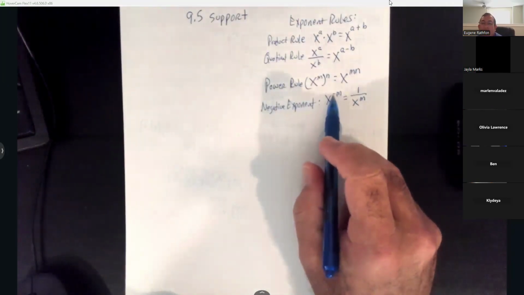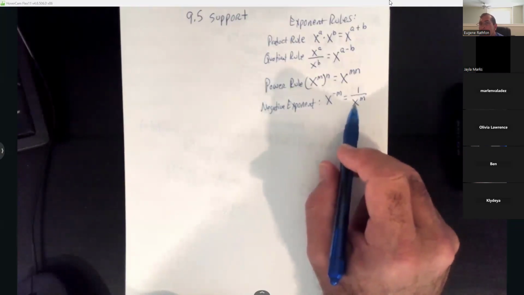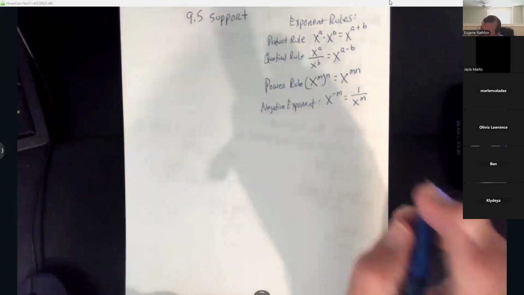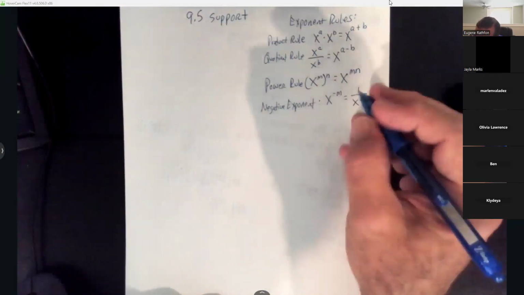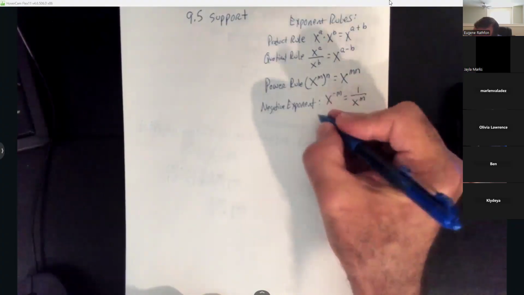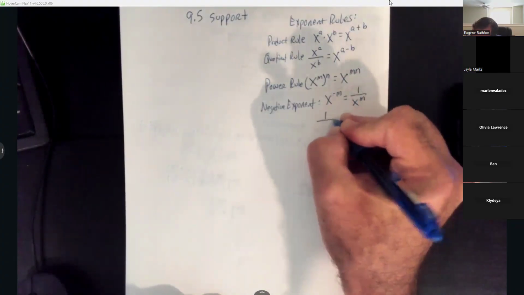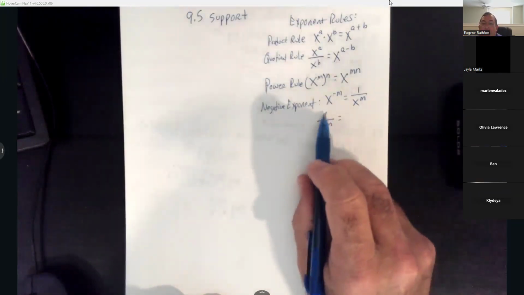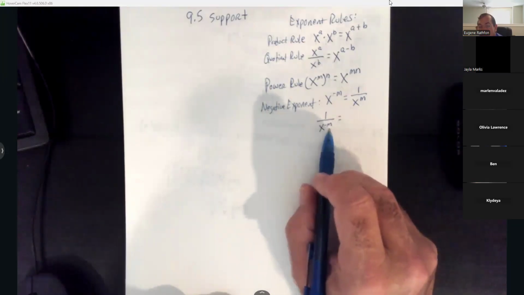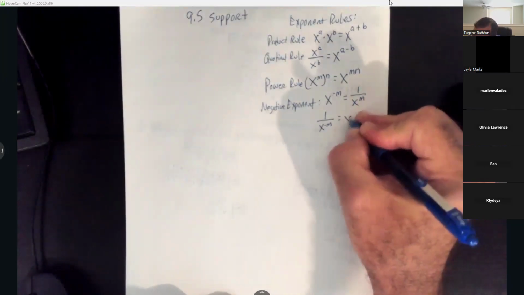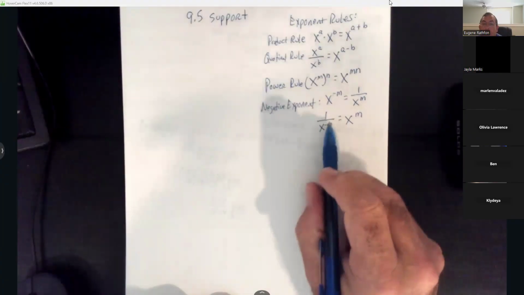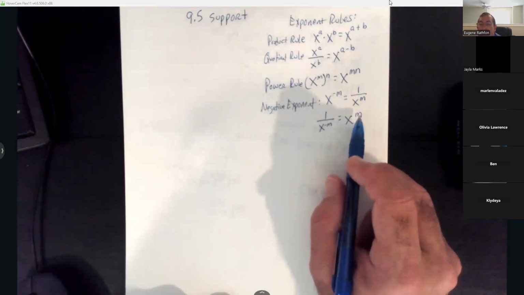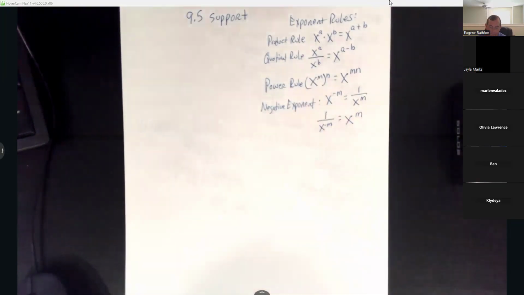So remember I said yesterday, negative exponents were sort of shorthand for fractions, okay? Now, also this rule says, if I got 1 over x to the negative m, so if your negative exponent is on the bottom, you move it to the top and make it positive. So moving stuff down under 1 or back up changes the signs of those exponents, okay?